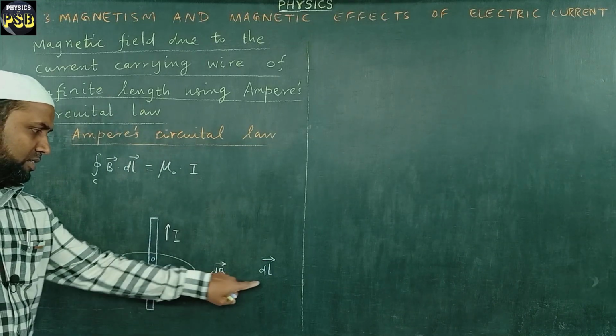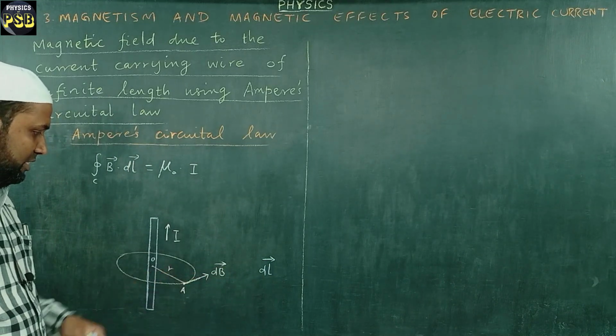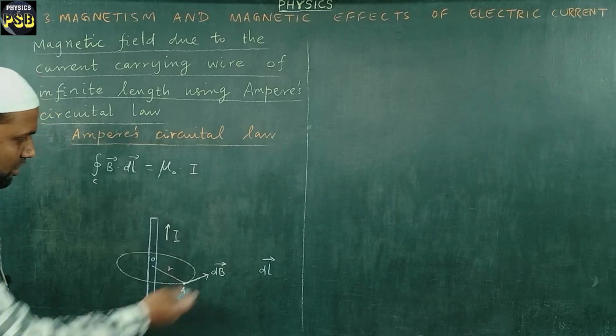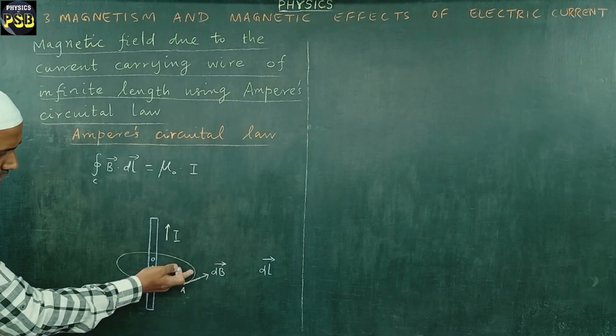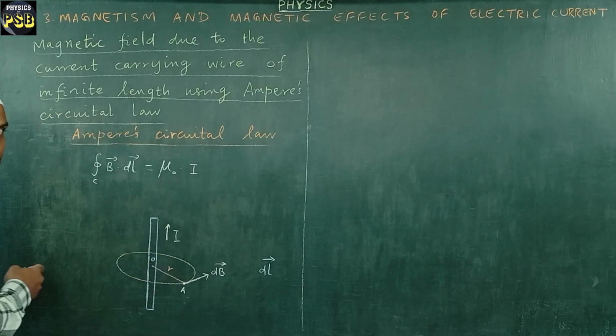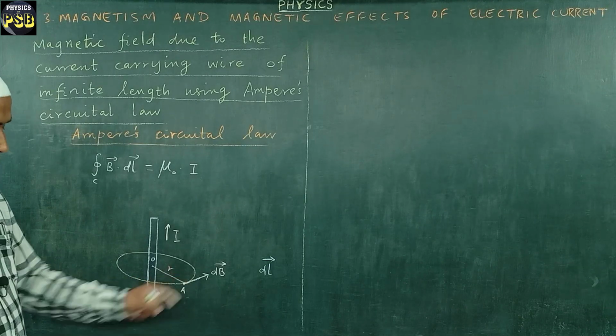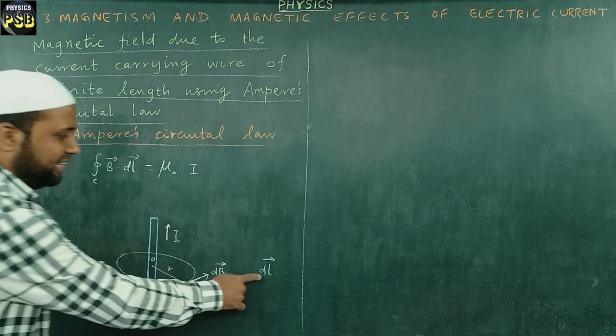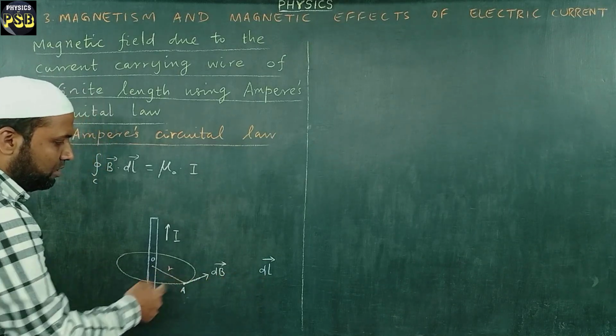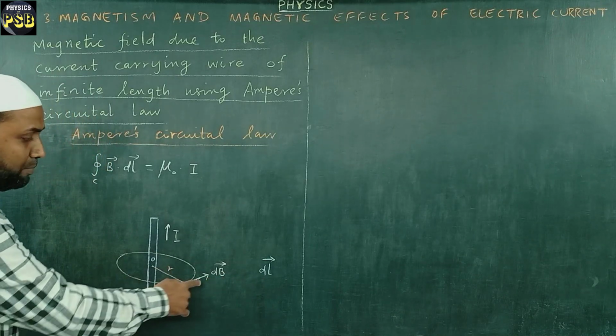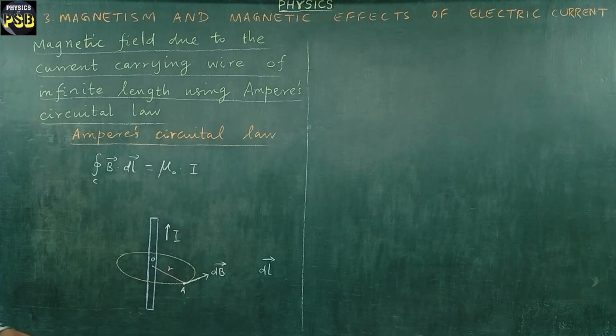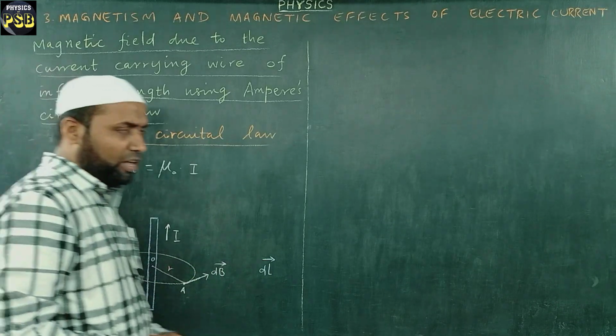This line element is along the Ampere loop, represented by the tangent. I repeat, here dl is the line element along the Ampere loop, represented by this tangent. Clear?